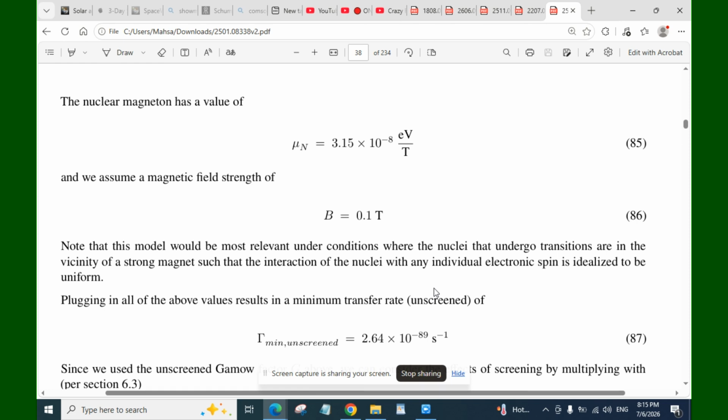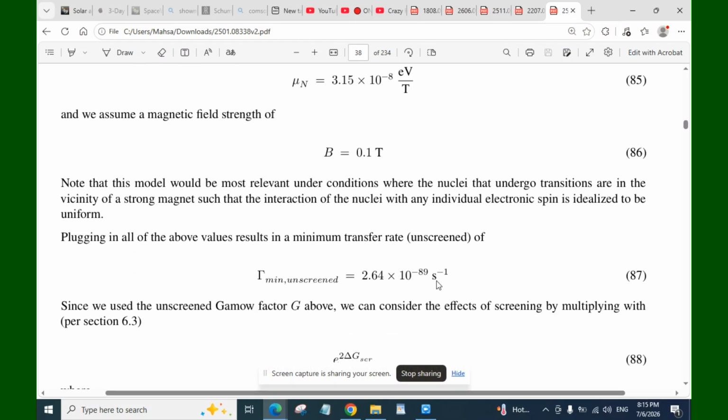The nuclear magneton has a value of micro n is equal to 3.15 multiplied by 10 to the power of minus 8 eV divided by tesla, and we assume a magnetic field strength of B is equal to 0.1 tesla. Note that this model would be most relevant under conditions where the nuclei that undergo transitions are in the vicinity of a strong magnet, such that the interaction of the nuclei with any individual electronic spin is idealized to be uniform.